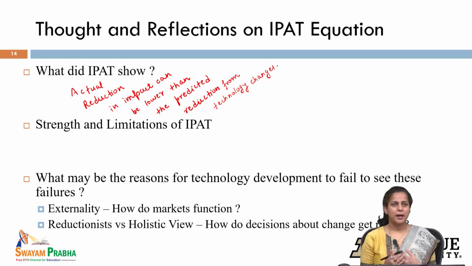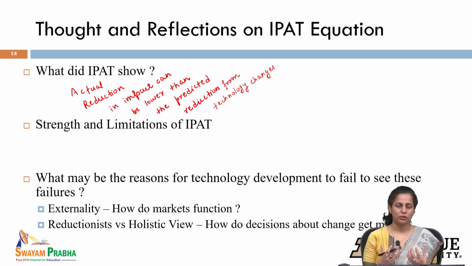What the IPAT equation showed is that, because we have different aspects that are contributing to the total impact, we have a very high reduction from the technology perspective, which is pollution per unit consumption, but because of the increase in consumption, because of the affluence and, let us say, the increase in the population itself, we saw that we had a much lower reduction in actual impact.